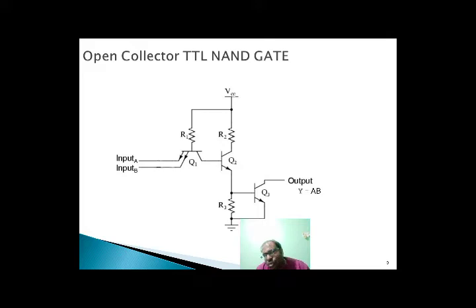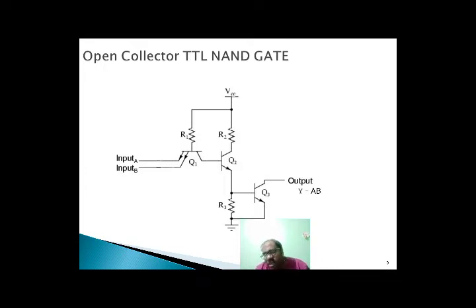There is no current into the base of Q2, hence Q2 is in the off condition. At the same time, the emitter of Q2 is at ground potential, keeping Q3 off.